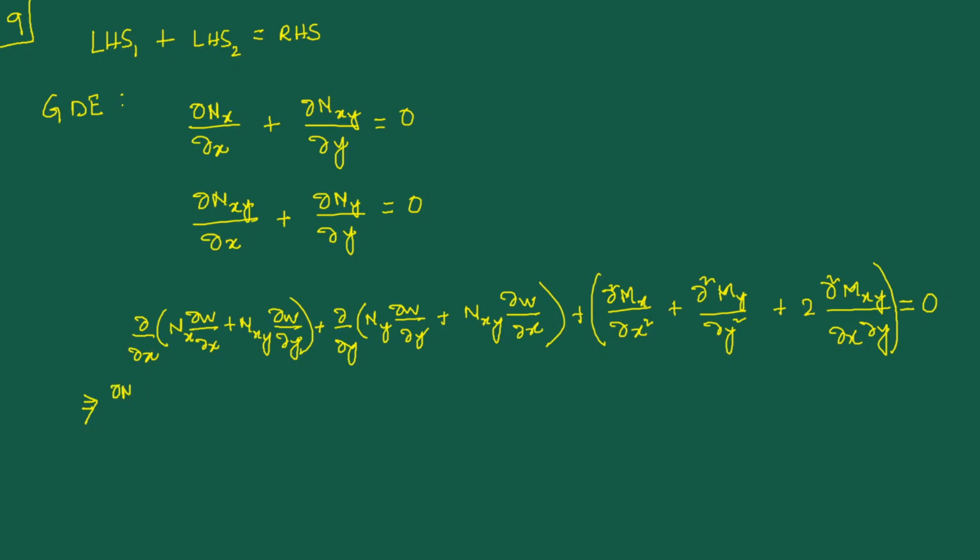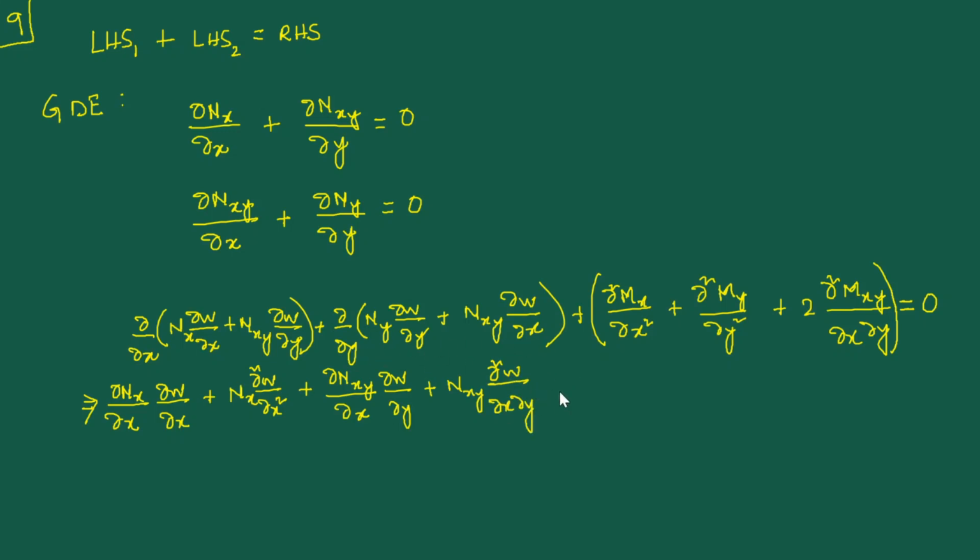So I have this del nx del x over here, then I have del w del x plus nx del square w del x square, plus again the same thing over here, del nxy del x del w del y plus nxy del square w del x del y.